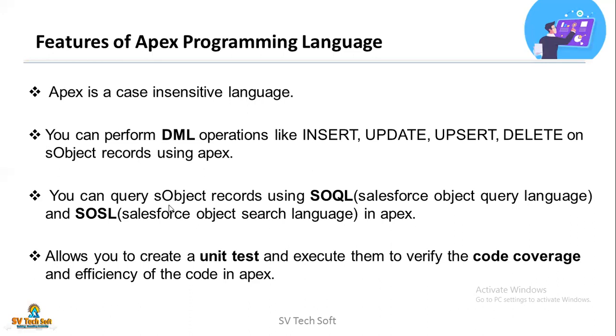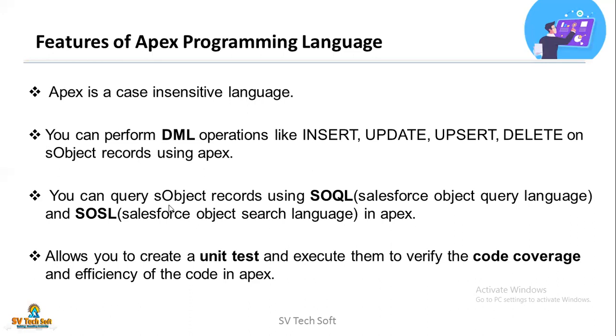And you can also find any specific text among all your objects. In that case, you have to use SOSL. You can query your record information by using SOQL and SOSL. SOQL is Salesforce Object Query Language; you can retrieve your object data with the help of SOQL.